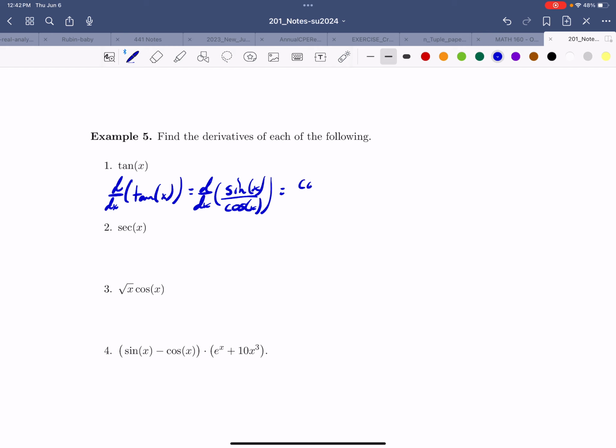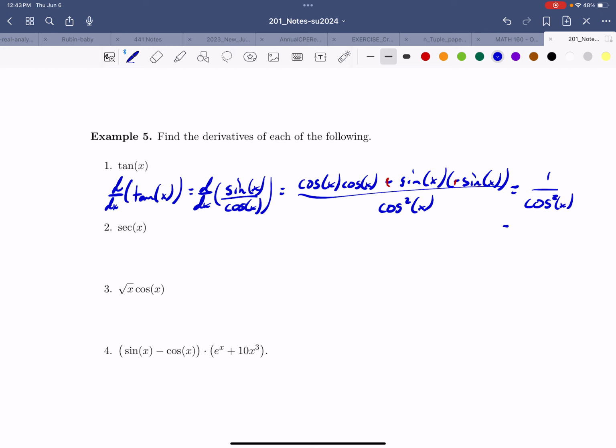So we have low d high minus high d low, all over low squared. Well, notice that this kind of makes these things positive, right? And remember that cosine squared plus sine squared equals 1. So this winds up being secant squared of x.